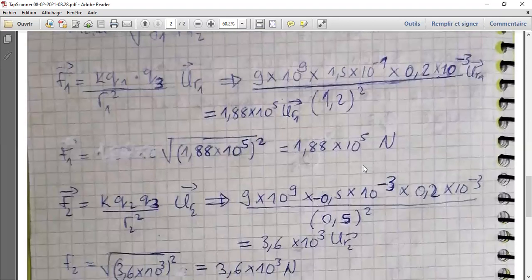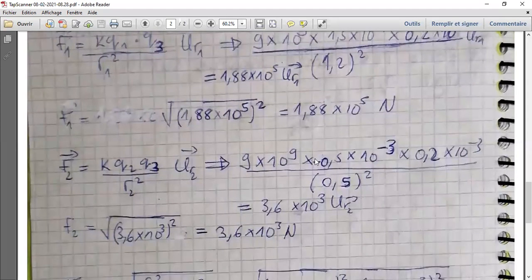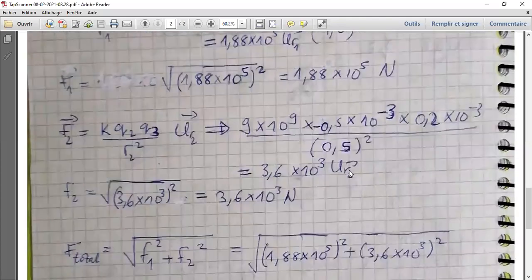It's the same with your F2 here. When you do your multiplication, it was supposed to be negative 3.6 times 10 to the power 3 UR, which is the vector. When you're finding the vector force, you can leave it negative.